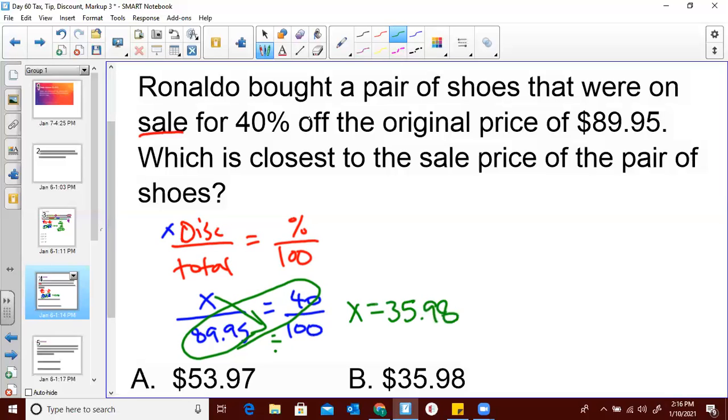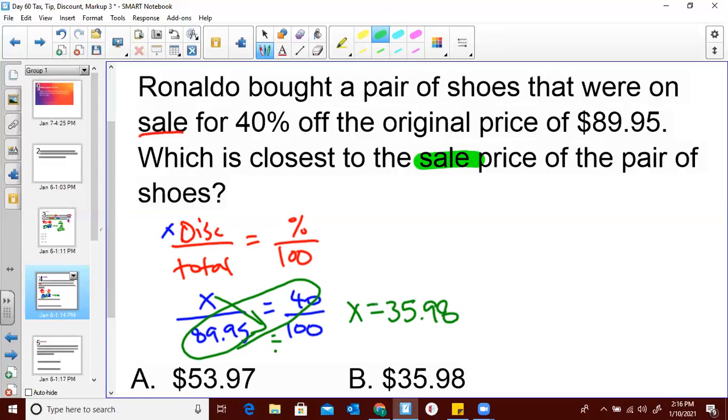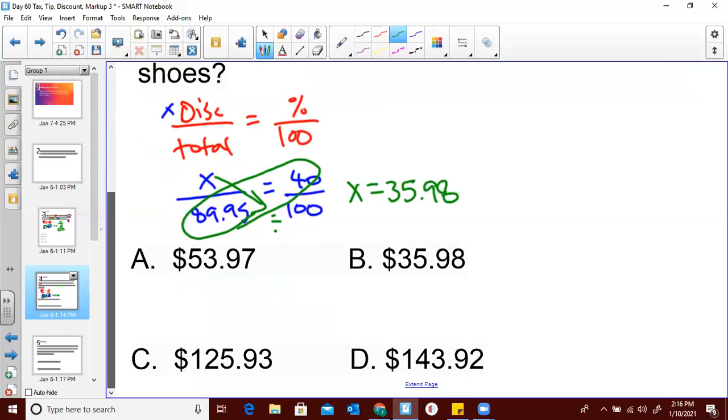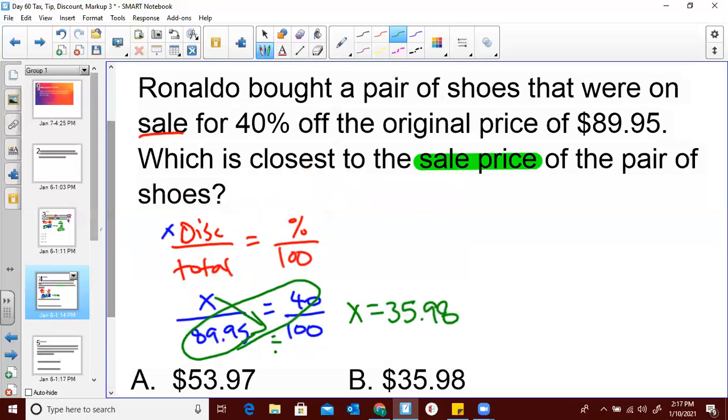So let's go ahead and read this question real quick. Which is the closest to the sale price of the pair of shoes? Real quick, I would just like to note that when you guys are taking a test on this, or a SOL or exit ticket, you'll see that it gives us this 35.98, right? Remember, that's just our discount. What we want to know is what the sale price is.